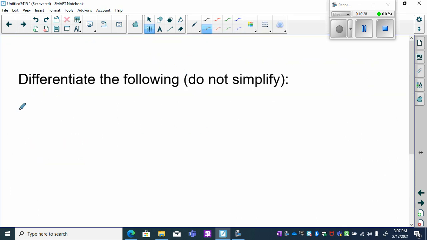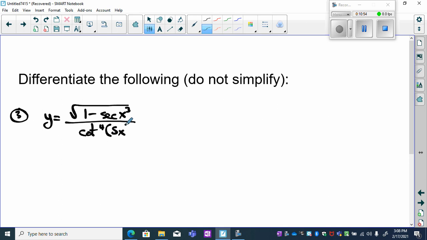So number 3, let's do one involving the quotient rule. It says y equals the square root of 1 minus secant x cubed, and on the bottom we'll go cotangent to the 4th times 5x squared.